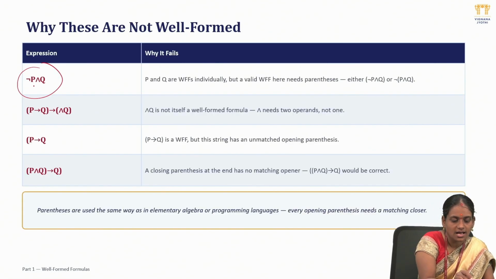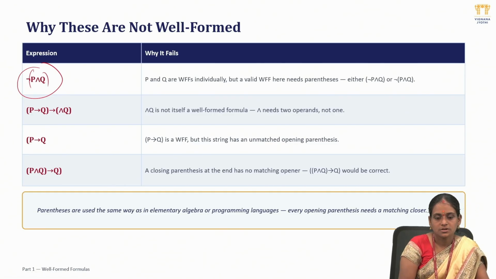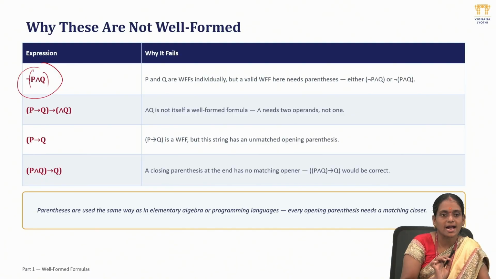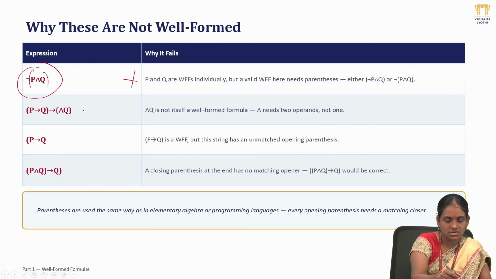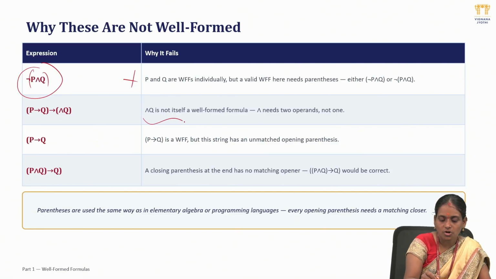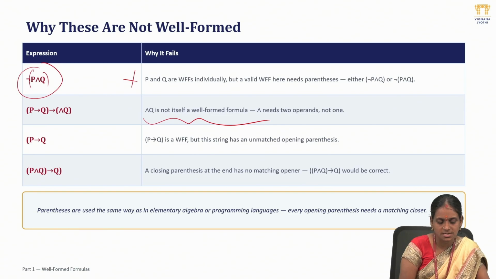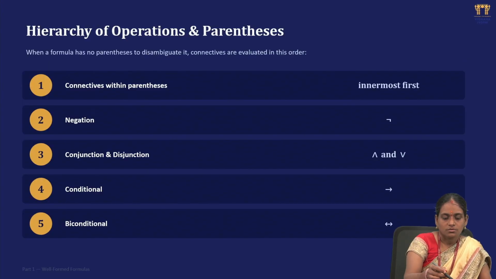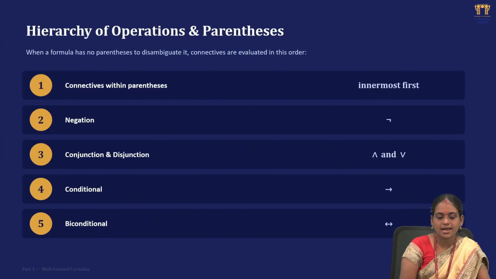Either we apply this negation operation to the whole statement or simply to P, so we are going to get some ambiguity. So this is not a well-formed formula. Like that, for different types of examples, I have given a very clear description of why these are not well-formed formulas.